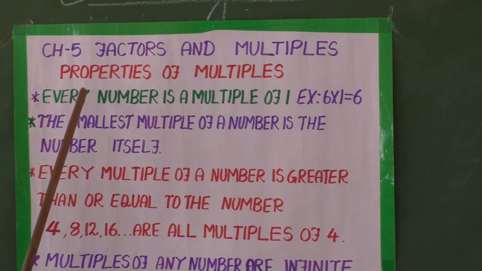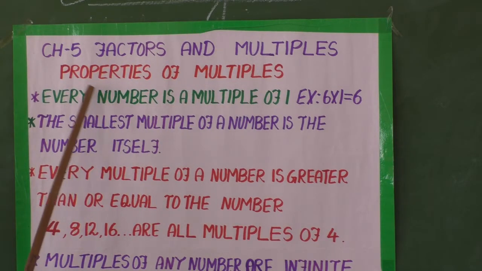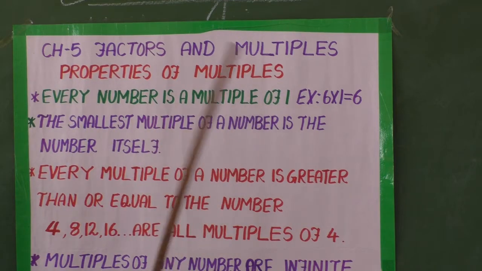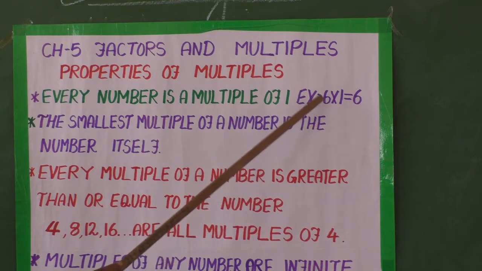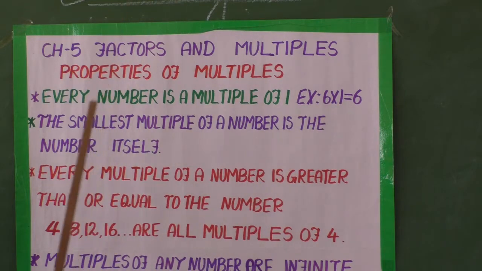Already you know in factors and multiples, properties of multiples: every number is a multiple of 1. For example, 6 into 1, 6 ones are 6 only. So every number is a multiple of 1.